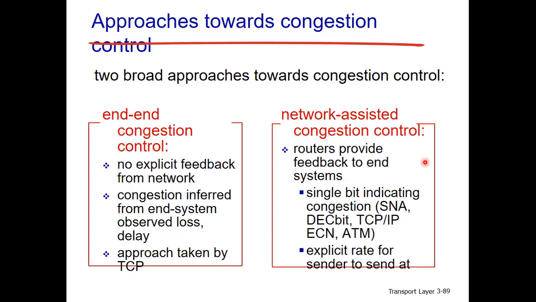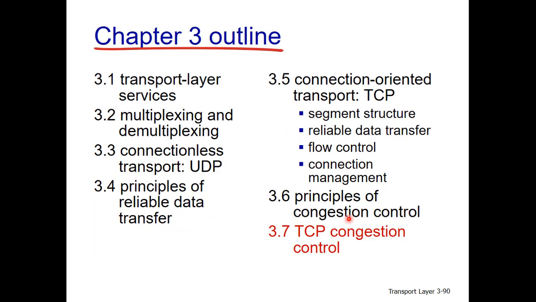And there is another methodology, which is called network-assisted congestion. The router provides feedback to the end system, saying that congestion has now occurred on this router. If you are sending data to me, then reduce the throttle. This is the principle of congestion, or how congestion occurs.